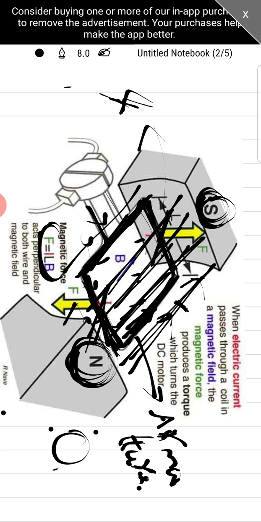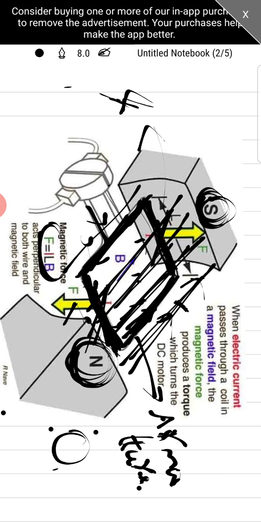F equals BIL is the magnetic force acting on a wire placed perpendicular to the magnetic field. So on this wire and on this wire, the same amount of force will act. F equals BIL.